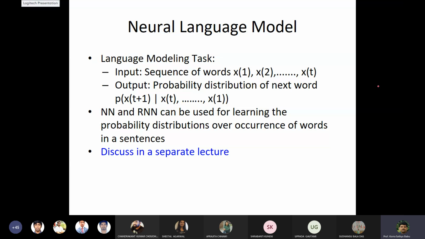The output is the probability distribution of the next word, P of X t plus 1 given X1 up to Xt. So what will be the t plus 1 word? The probability of the t plus 1 word is what we are interested in. We can use neural networks, and recurrent neural networks mostly for sequential data. We will use recurrent neural networks, which can be used for learning the probability distribution over the occurrence of words in a sentence.